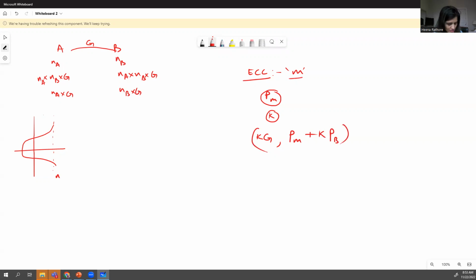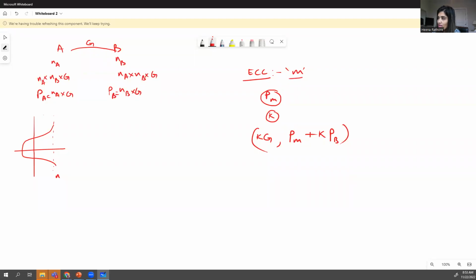So here in this case, the public key was PA, and this was PB. When you are encrypting this message, you take the public key, which is NB times G, because Bob is doing this particular setup.